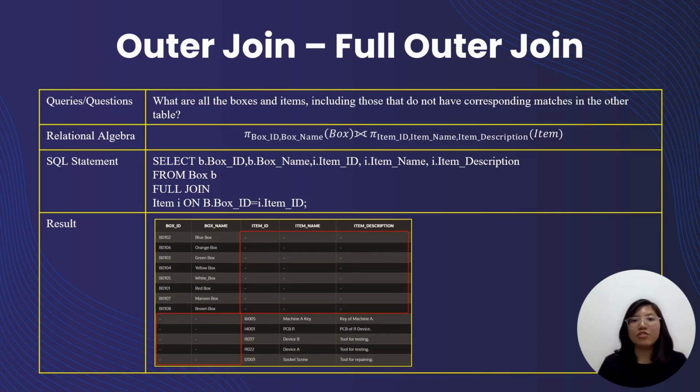Lastly, a full outer join was employed to identify all boxes and items, including those without corresponding matches in the other table. This provided us with a complete picture of our inventory status. This join played a crucial role in ensuring our IMS database operates smoothly and accurately.